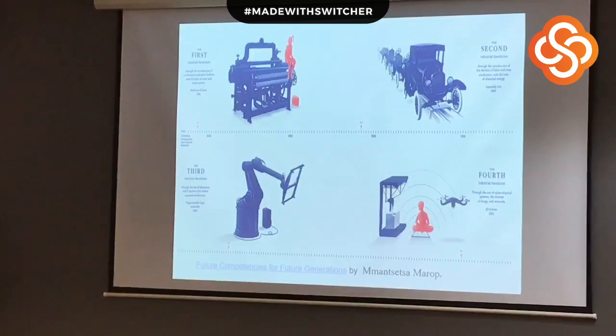We don't even understand all the repercussions that have happened because of the computer age. And now we're moving into the age of artificial intelligence and intelligent machines. And no one can predict what's going to happen. It's going to be a massive change for all of us.